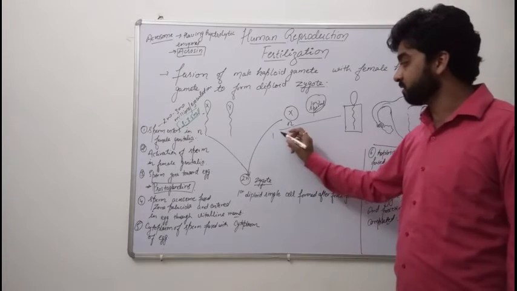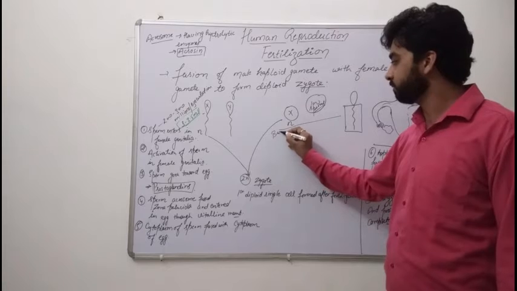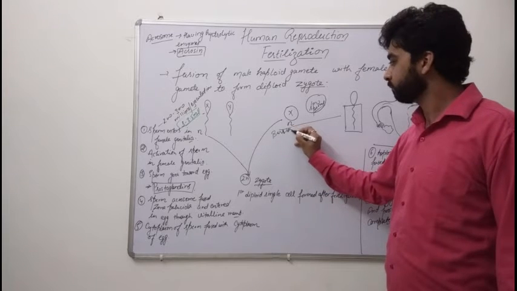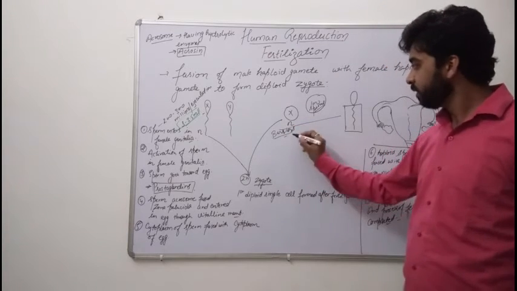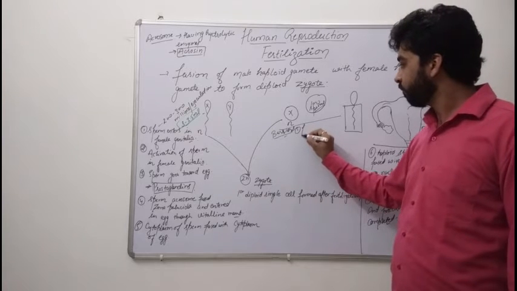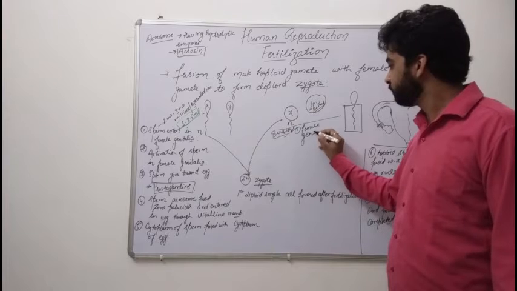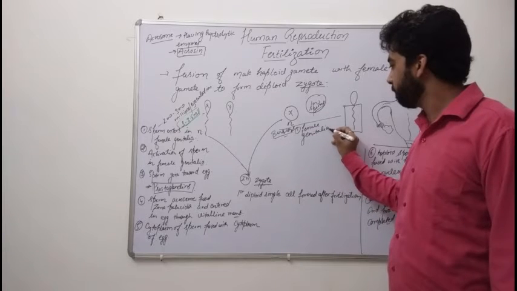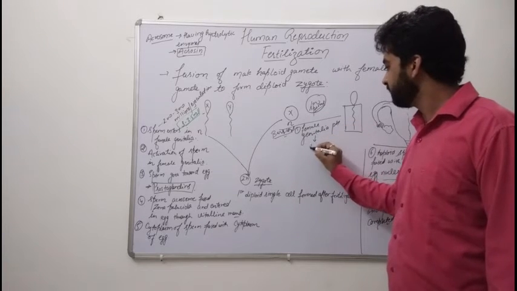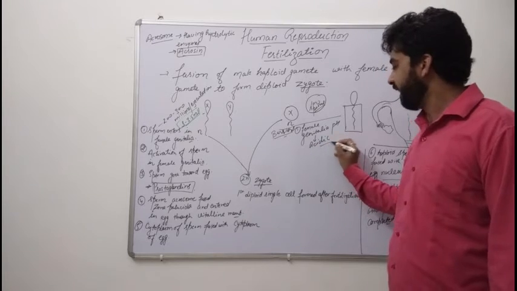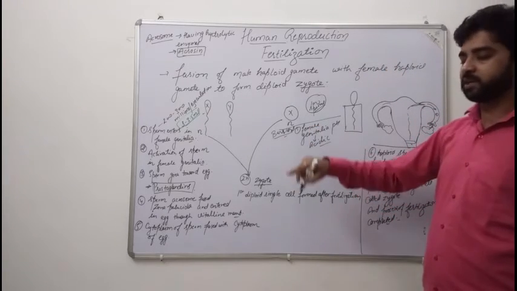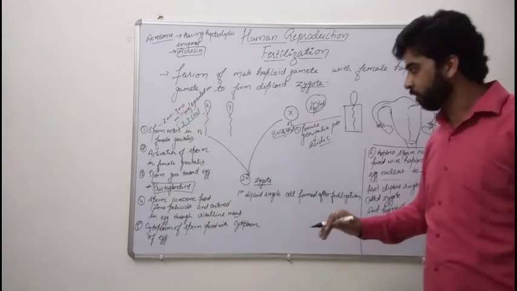The barriers here. First is the female genitalia pH, that is acidic pH, which kills or depresses the motility of sperm.